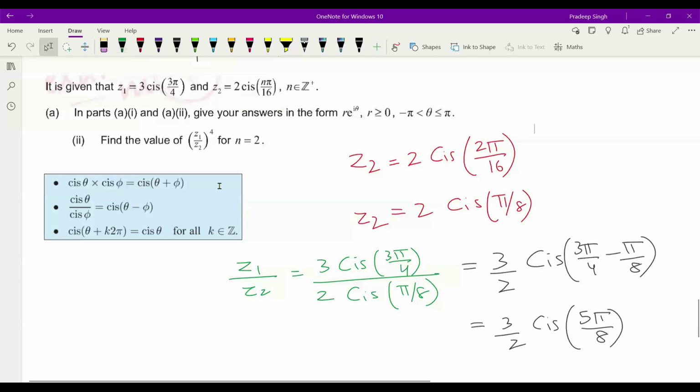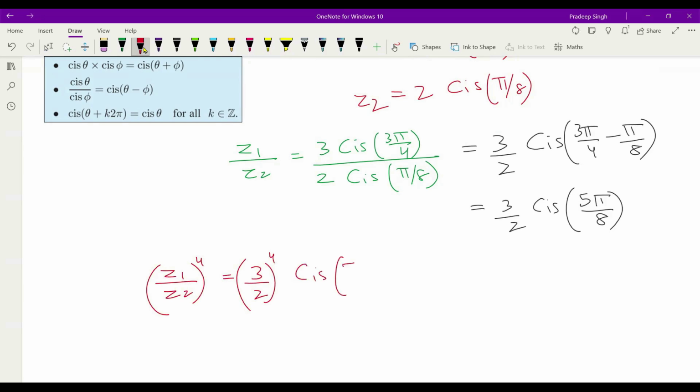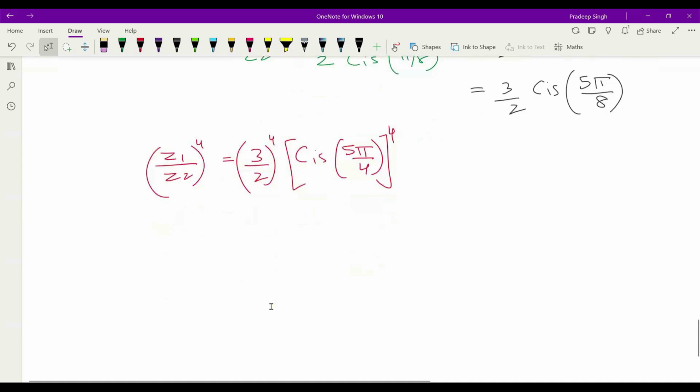That's the argument. Now we are not done yet. We have to raise the entire thing to the power of 4. So let's do that. We'll write z1 upon z2 raised to the power of 4 will become 3 by 2 to the power of 4 cis of 5 pi by 4, and this is also raised to the power of 4. So the fourth power of 3 is 81 and the fourth power of 2 is 16. Now in the cis function, we have to use De Moivre's theorem.